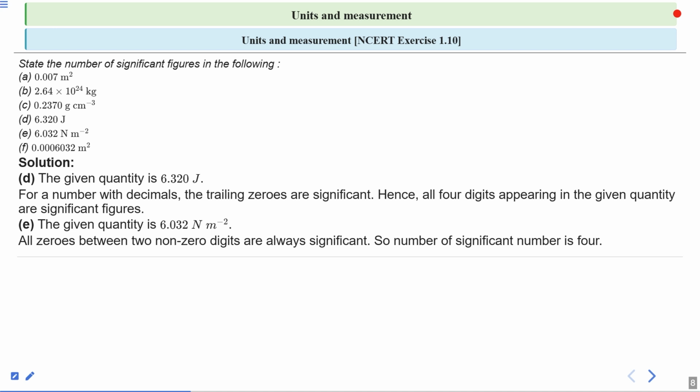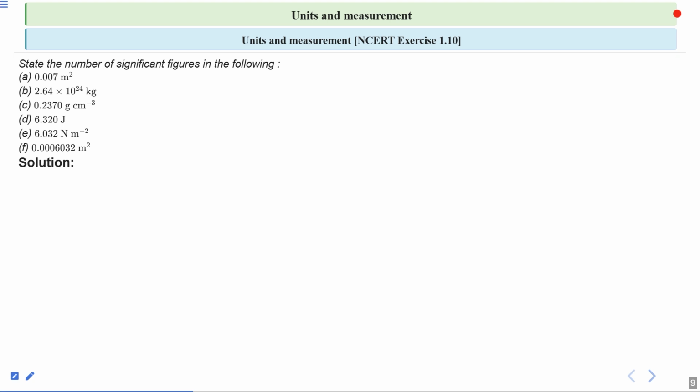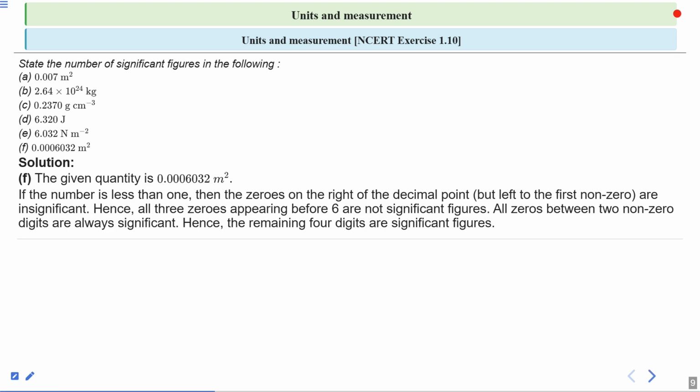Let's go to part F of the question, the solution part. Here also there are 3 zeros between the decimal point and the first non-zero digit. So these first 3 zeros are insignificant. So here also the number of significant figures is 4. This zero is significant because it is between two non-zero digits.